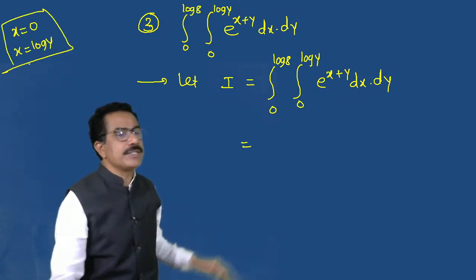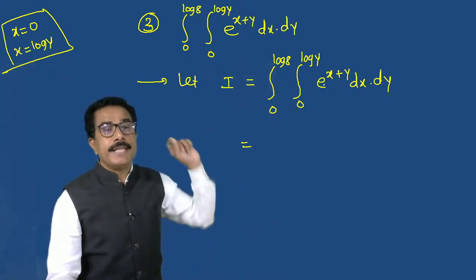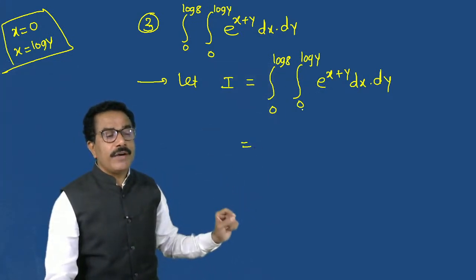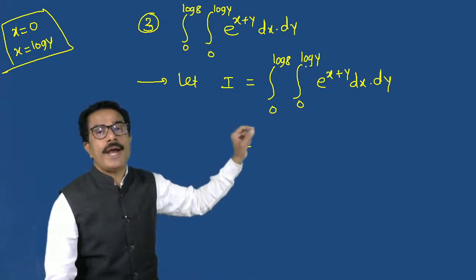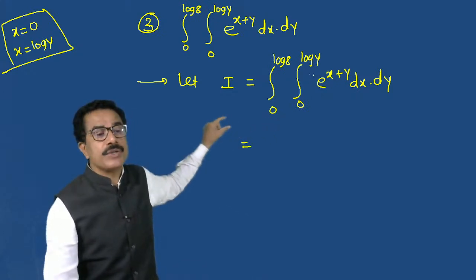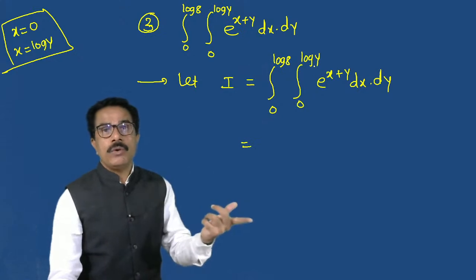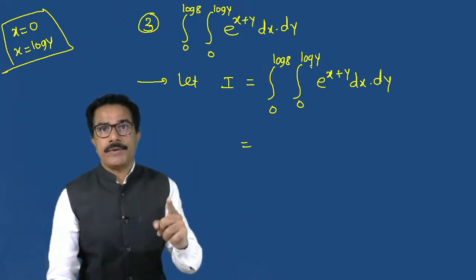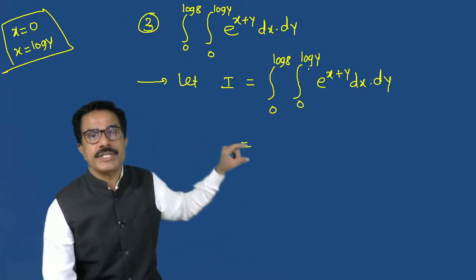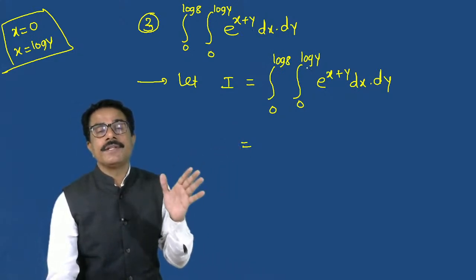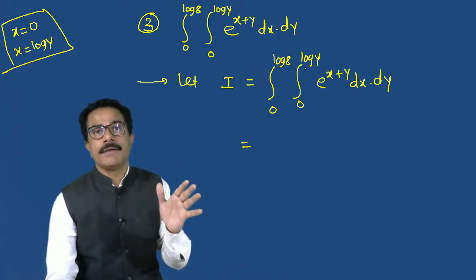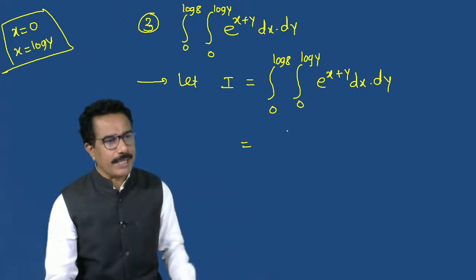That means f1 of y to f2 of y, so the strip is horizontal. So we have to take integration with respect to x, keeping y constant.